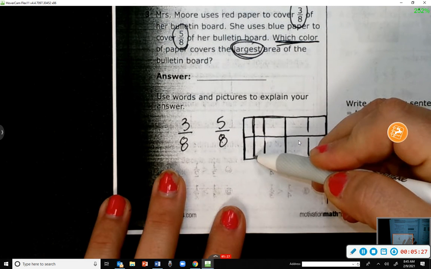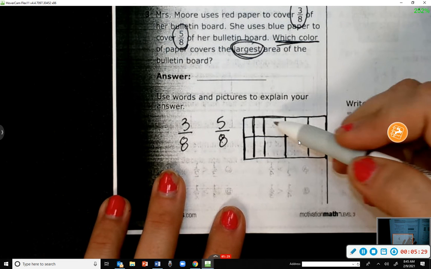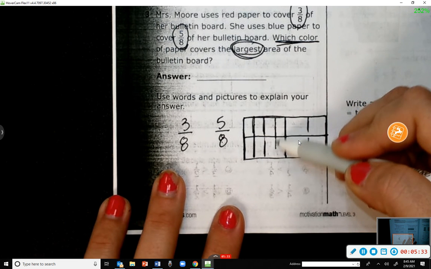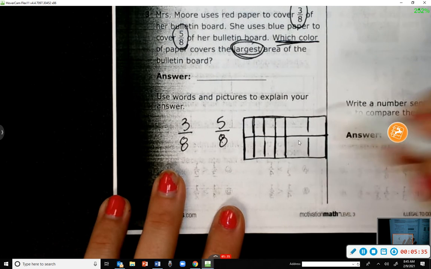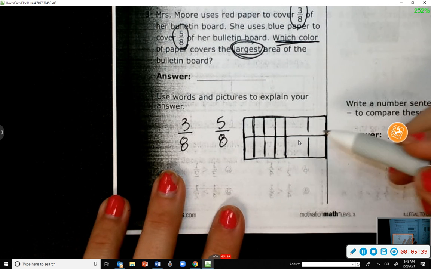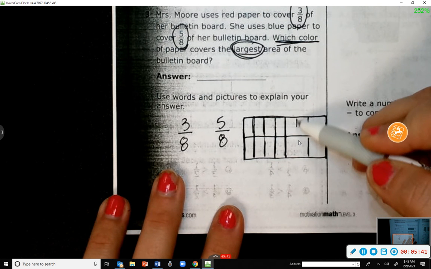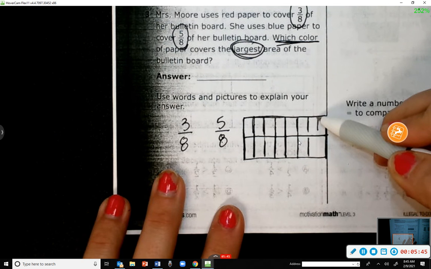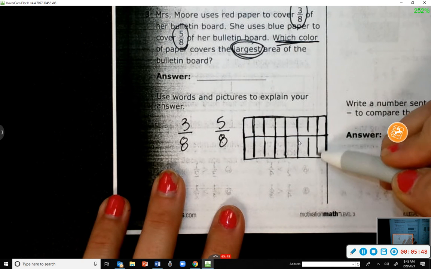Just go straight down, that way your pieces match. Same thing, you're going to cut this in half. Keep cutting it in half. So draw another line to cut this in half. And then in half again.